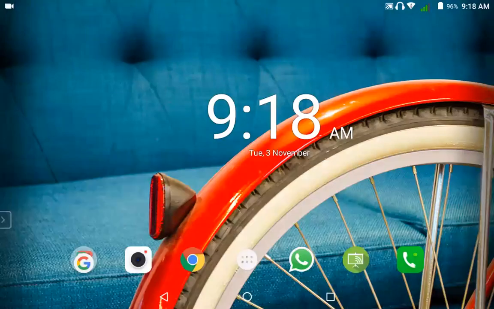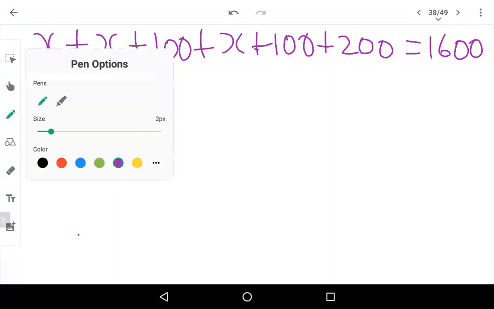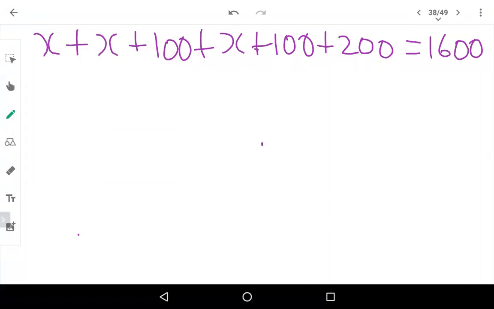So X plus X plus 100 plus X plus 100 plus 200 is equal to 1600. Okay. Next, we have how many X? 1, 2, 3X.